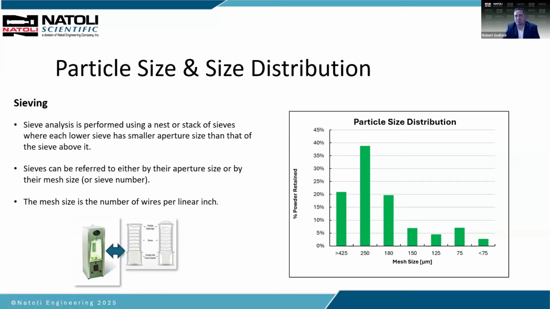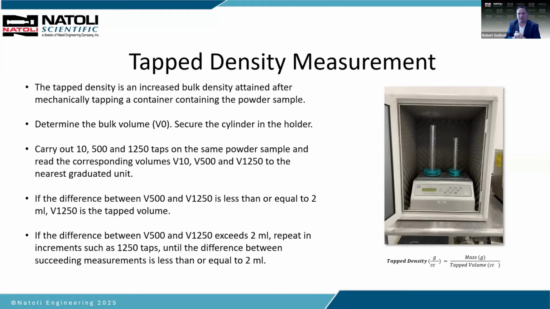Tap density is a process of tapping your material in your bulk density state, and there's a USP process you can follow. When the volume doesn't reduce by more than 2 milliliters after so many taps, your tap density is done. You measure that. Now you can take the ratios of the bulk density and tap density, and we can understand the compressibility index, the Carr index, and the Hausner ratio.